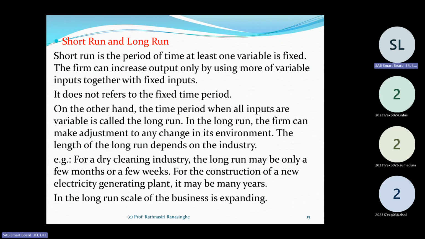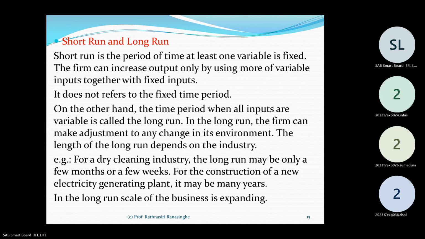But in the long run, all the factors are variable. There are no fixed factors. Because in the long run, we can add another machine. Earlier we had two, now we purchase another machine.